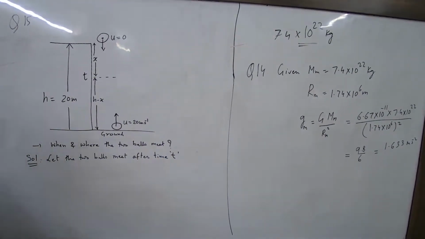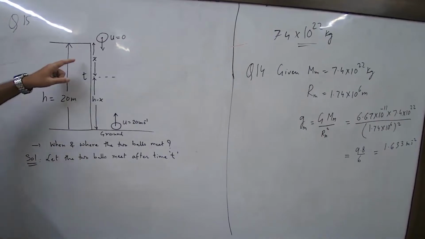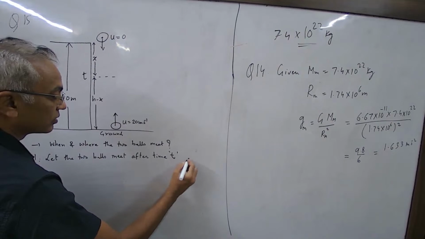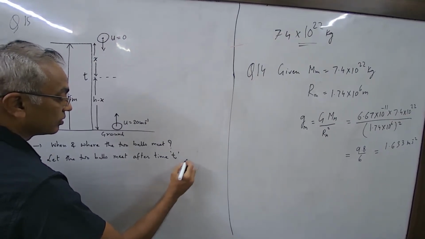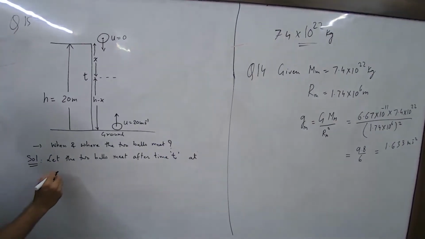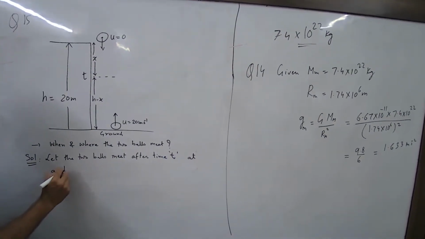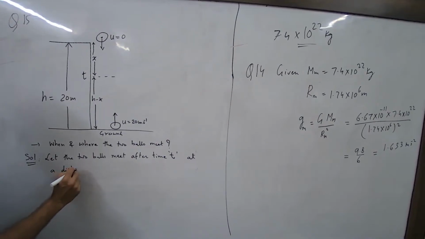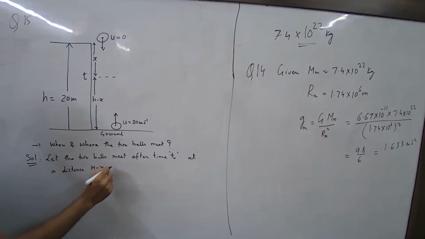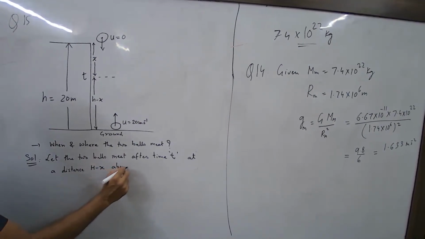Now you write the equation at distance h minus x above ground.